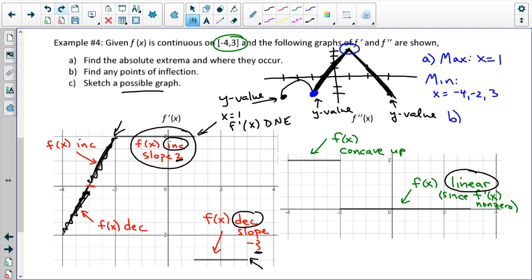And then once again, I have no point of inflection. And that's because the graph is always concave up or neither concave up or concave down. So between -2 and 3, it is neither concave up nor concave down.